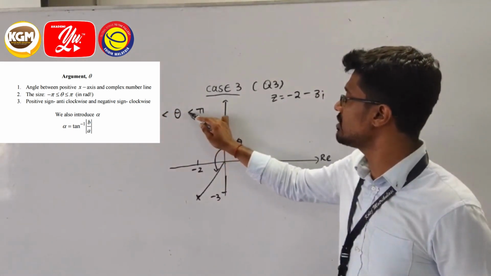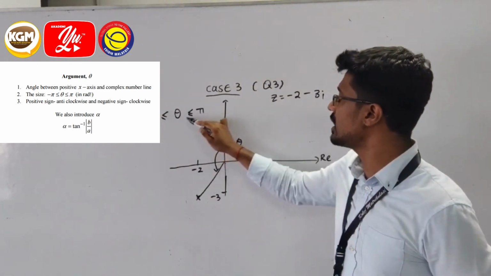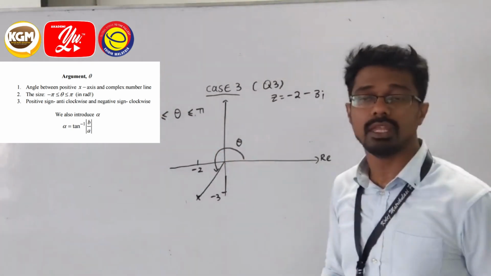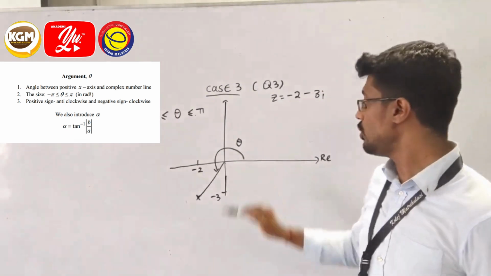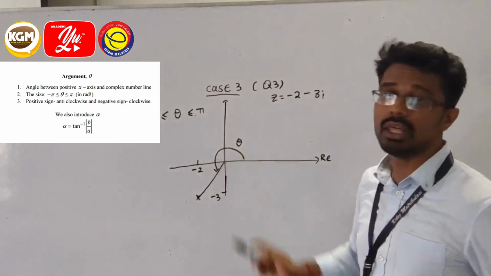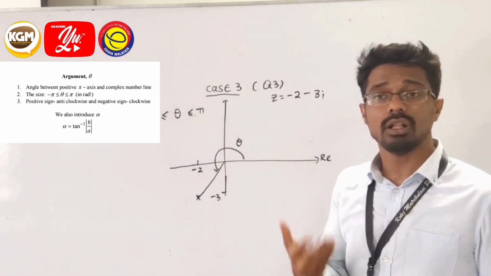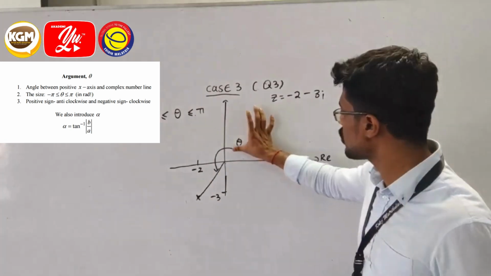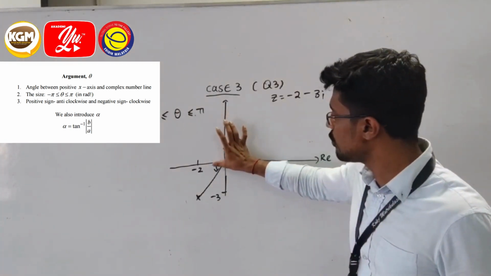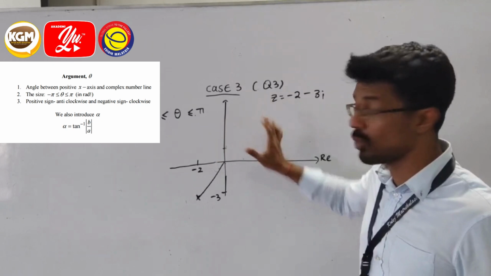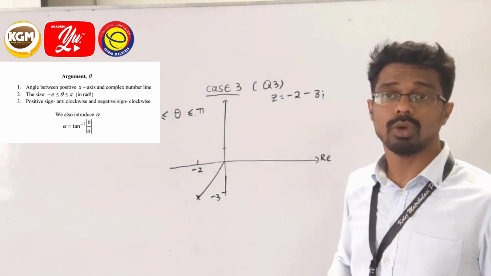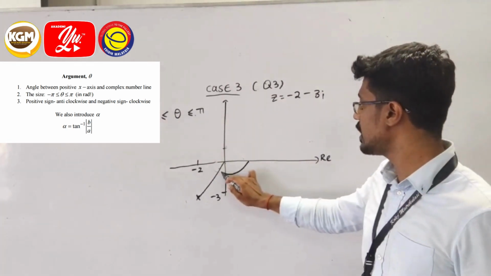Meaning to say the maximum value theta can take is pi, meaning 180. So here if you see, this has gone more than that. So I cannot travel in that direction, I have to take a shortcut. So instead of going counterclockwise, I will go clockwise. So this is going to be my theta.